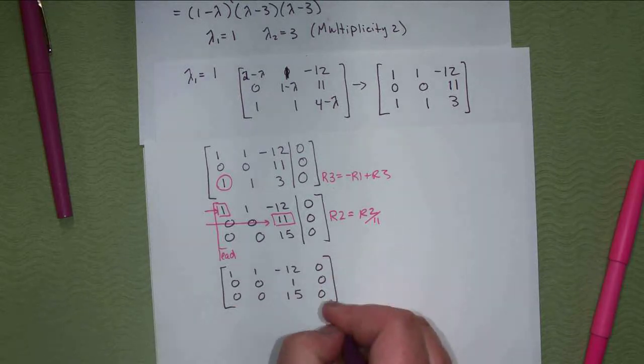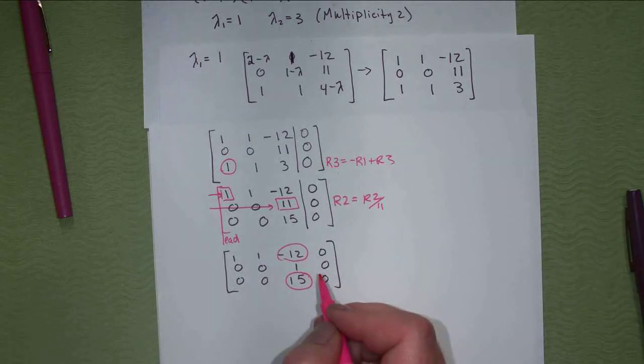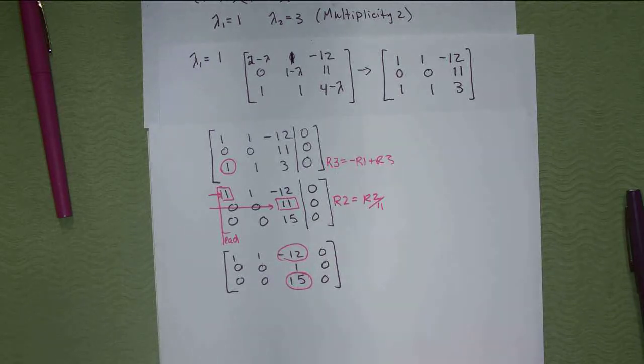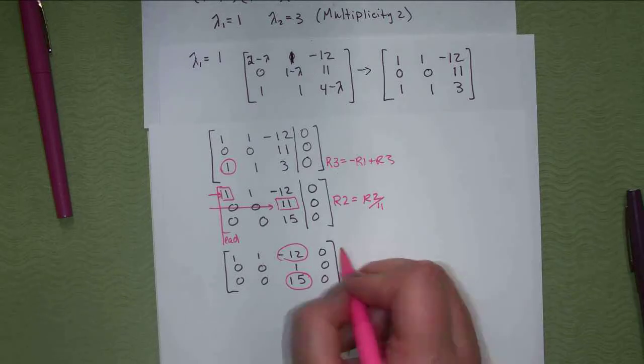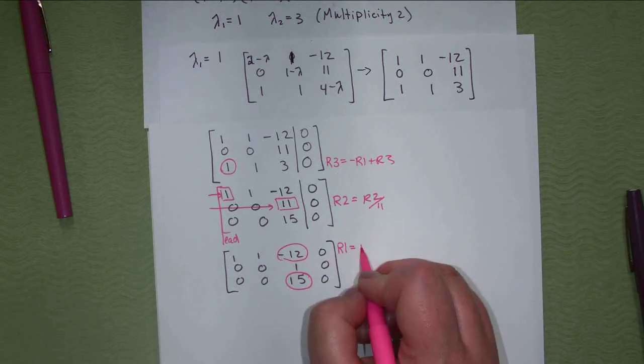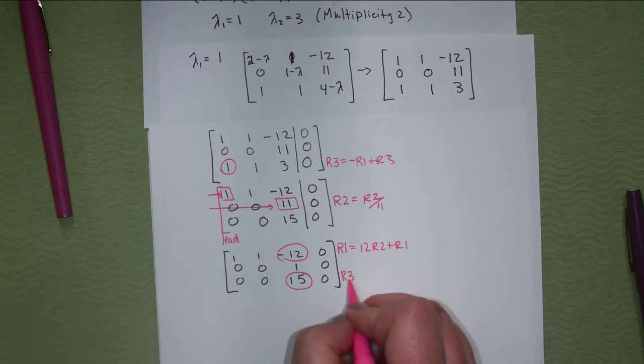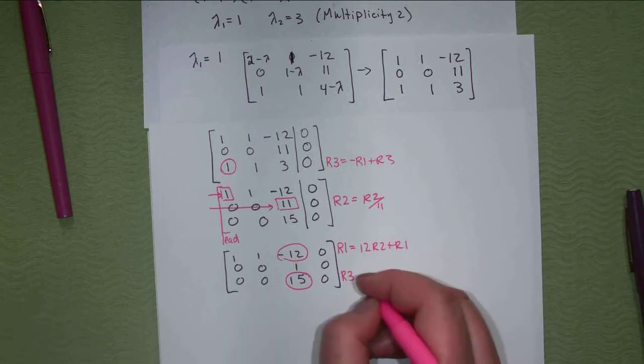And then, once that's a 1, that's now a lead 1, above and below have to be zeros. So this is row 1, that's a negative 12, so the 1 needs to be a positive 12. And row 3, that's a positive 15, so the 1 needs to be a negative 15.